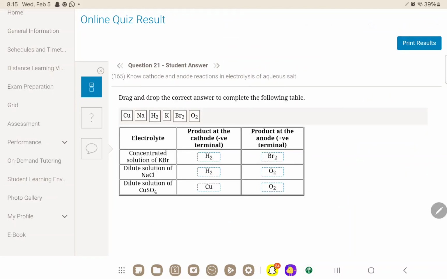Now, this is cathodes and anodes, what you find at them. Concentrated KBr. Now we know when you have a solution, it's the solution plus OH- and H+ ions, because this is H2O, these are the ions.